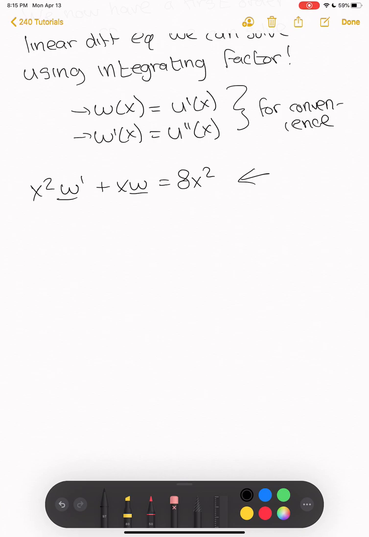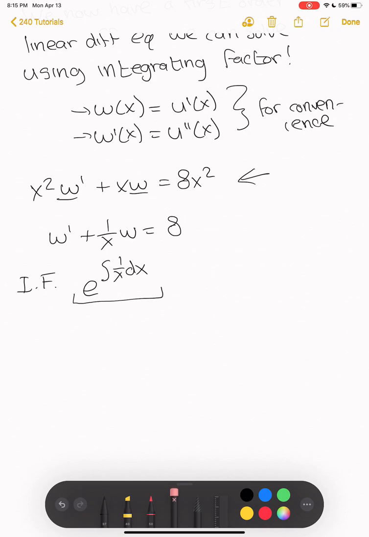I have to get w prime with no coefficients, so I divide everything by x squared. And then I use the integrating factor, which I just call IF, and that's e to the integral of 1 over x dx. So this looks scary, but it should look familiar. If this is the first time you're seeing something like this, you're in the wrong video. And this is e to the natural log of x, which we can simplify down and just becomes x.